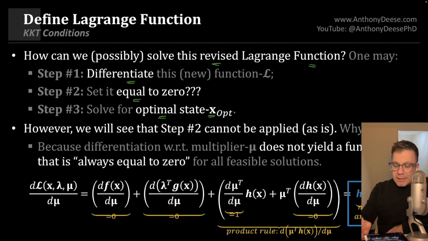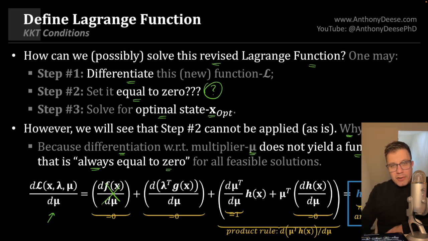However, we're going to see that step number 2 cannot be applied, at least as is, or not without some additional conditions. Why? Because differentiation with respect to the multiplier mu does not yield a function that is always equal to 0 for all feasible solutions. If you look down here, you can see we're taking the derivative of the Lagrange function with respect to mu.